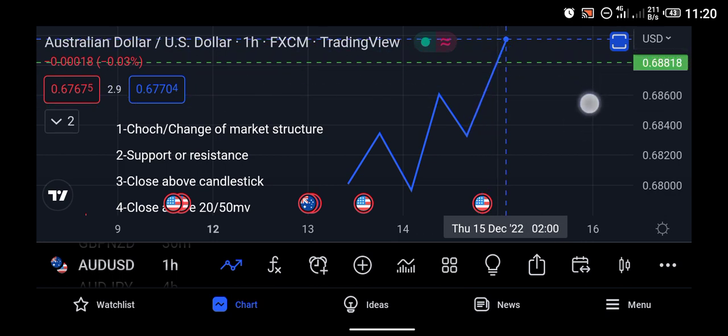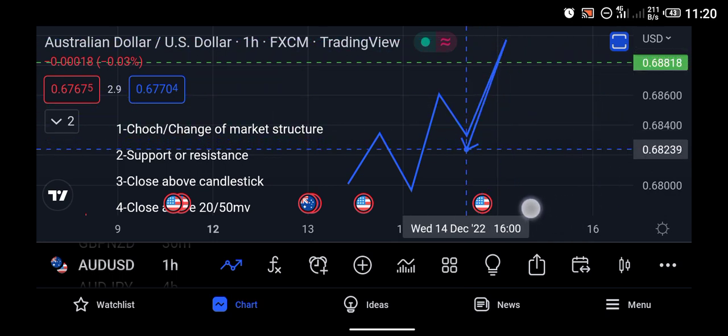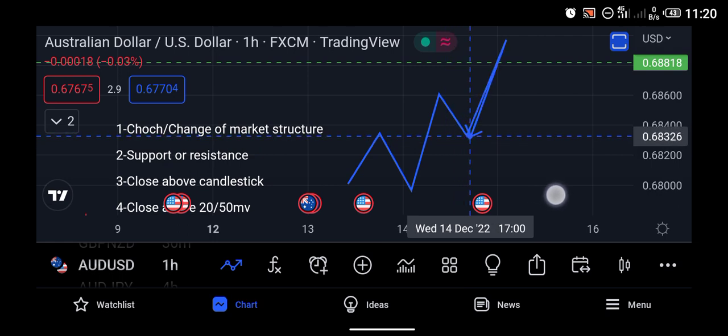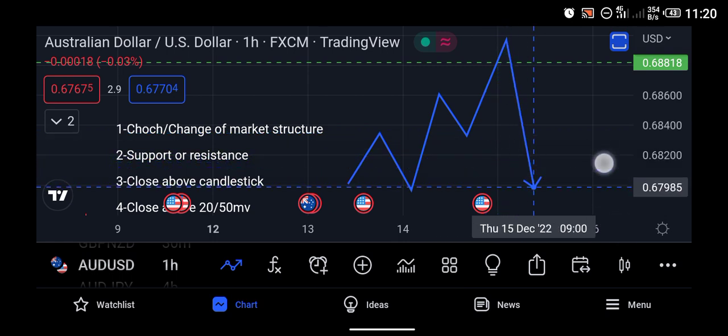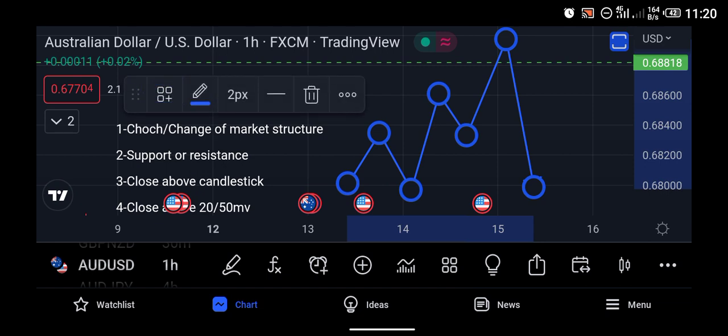So once the price breaks this previous low that we have in the market structure, once the price breaks below that price, that's what we know as change of trend or change of market structure or change of character, anything you call it. So by now you understand what I mean by change of market structure.